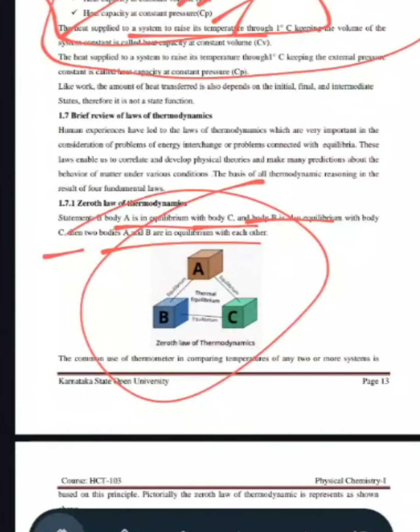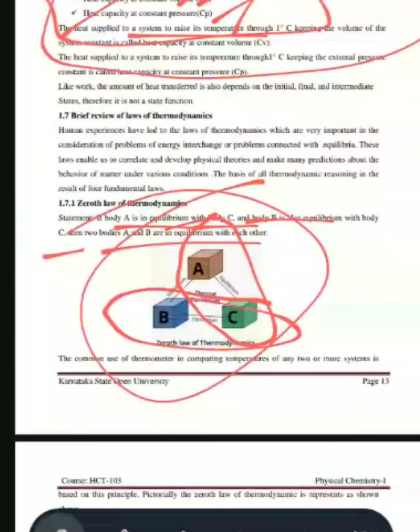That is, A is in equilibrium with C and C is in equilibrium with B, so A and B also will be in the equilibrium state. This is the zeroth law of thermodynamics.